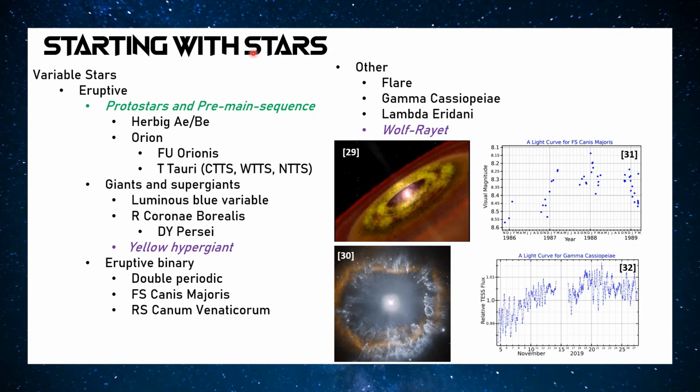Okay, so then there's eruptive binaries. There's double periodic. They vary due to eclipses and another cycle. So there might be some mass transfer going on between two stars. Then Gamma Cassiopeiae-like, sorry, Beta Lyrae-like aside, there's a type very poorly understood, and here shows a light curve of it.